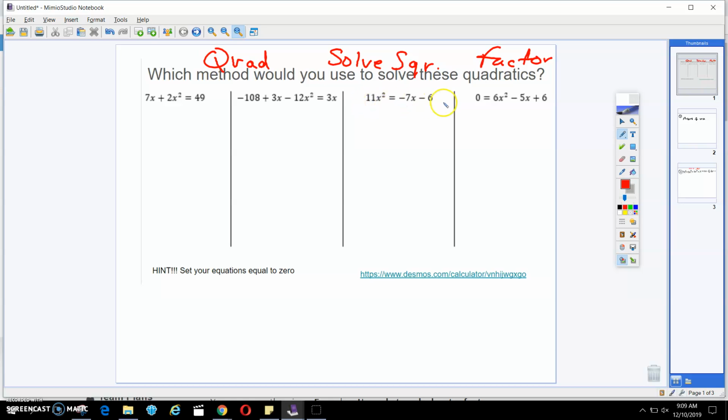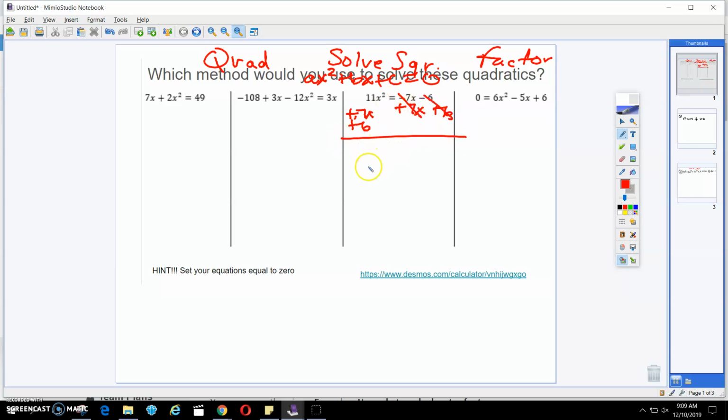So the first thing I want to do with this one is I want to make sure that it's in standard form. What I mean by standard form is that whole ax squared plus bx plus c equals 0, where everything's on one side. So we're going to add 7x and add 6 to the other side.